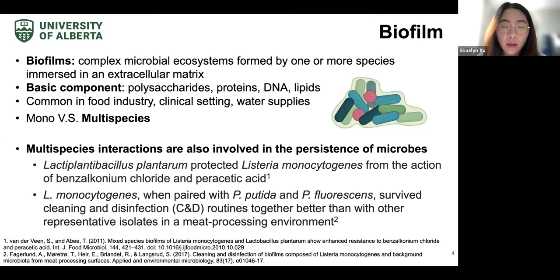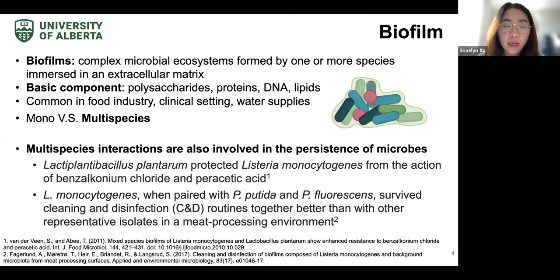It has been considered that biofilms are actually the natural state of cells, and it has been observed in multiple contexts. For example, it has been found in clinical settings, in water supplies, as well as in the food industries.